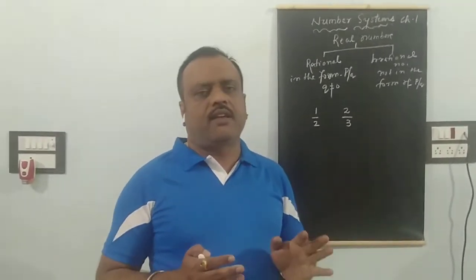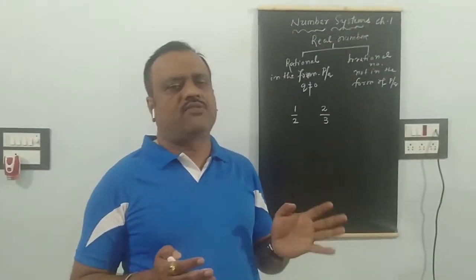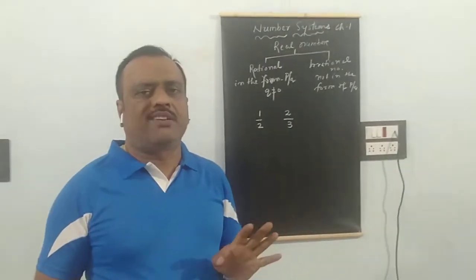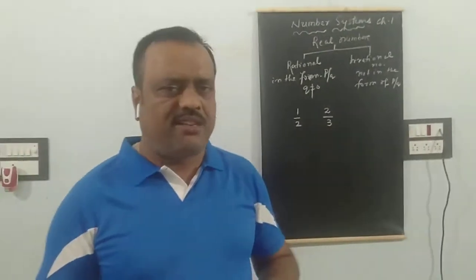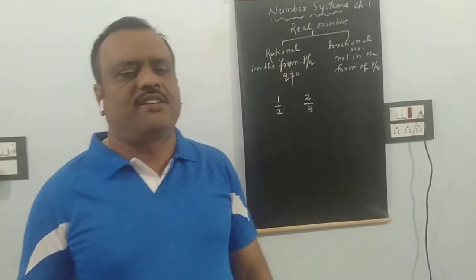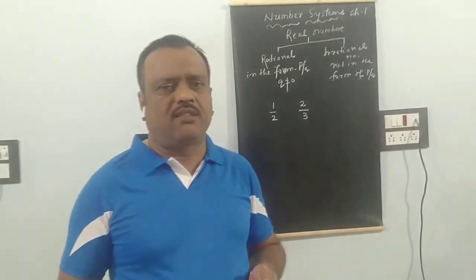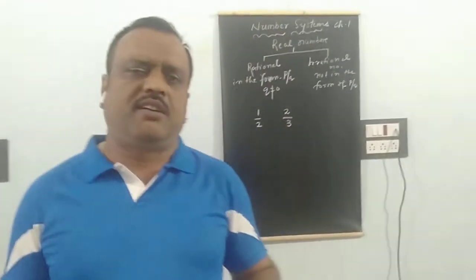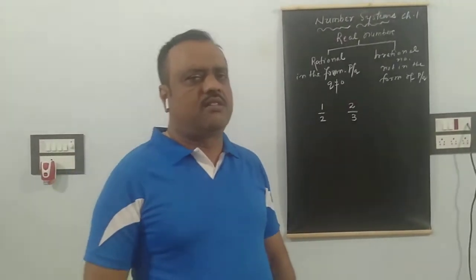So today your first chapter is number system. I want to give some introduction to the number system. As you know, you are familiar with rational numbers. Today we will discuss some more about rational numbers. In this chapter we will discuss rational and irrational numbers, what is terminating, terminating decimals and non-terminating repeating decimals, and non-terminating non-repeating decimals.